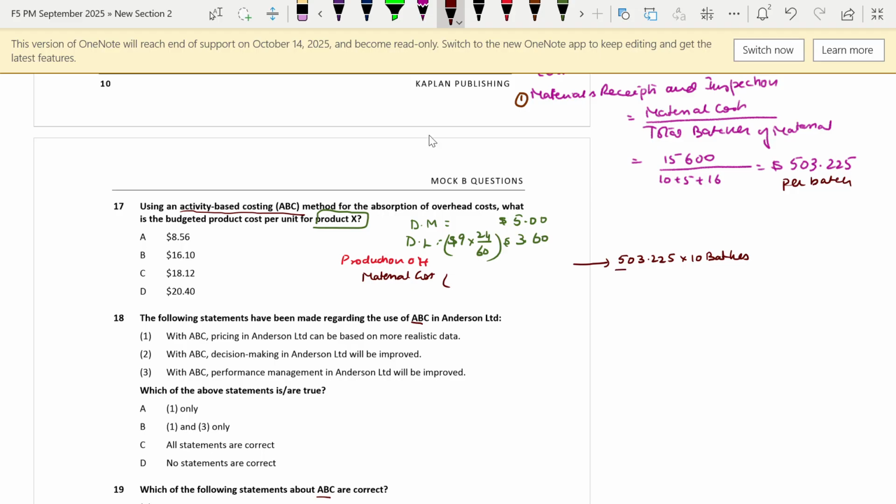10 batches divided by. We want this per unit. They're asking you the cost per unit.